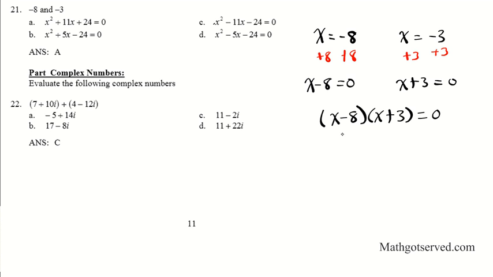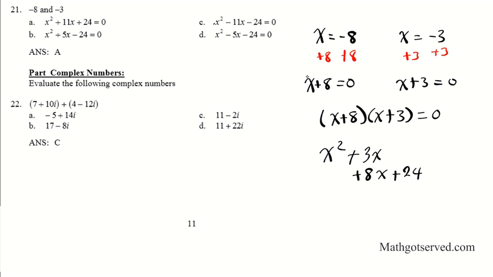okay? So now I'm going to distribute this. X times x is x squared. X times 3 is 3x. And 8 times x is 8x. And 8 times 3 is 24.